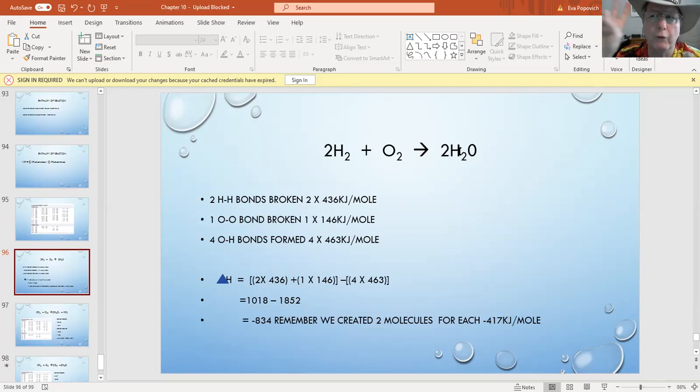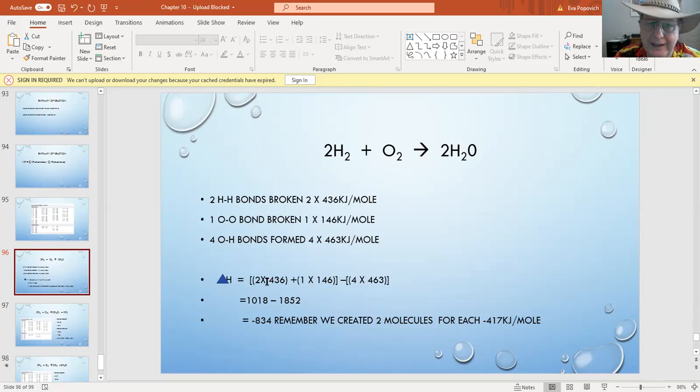Each molecule of H2O has 2 O-H bonds, but I have 2 molecules, so it's going to be 4. So when I deal with the O-H bonds formed, I've got 4 of them being formed. So I multiply 4 times the 463 that it took to form those bonds.